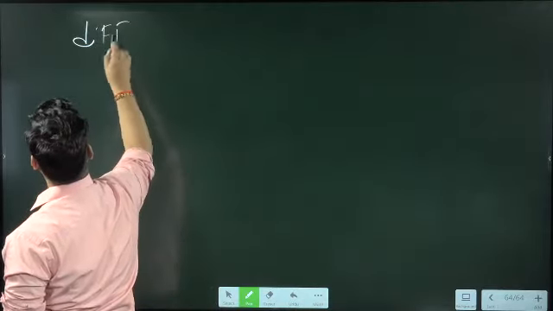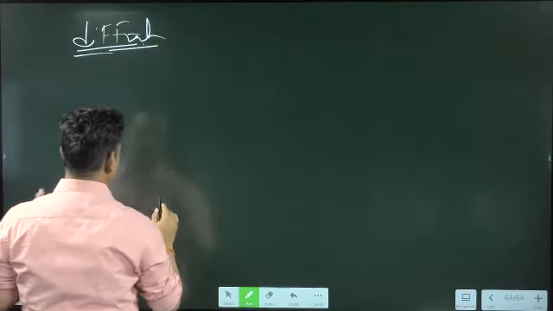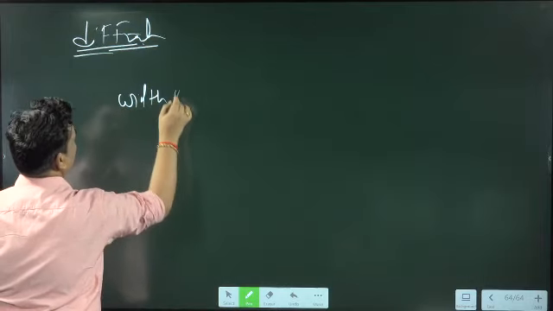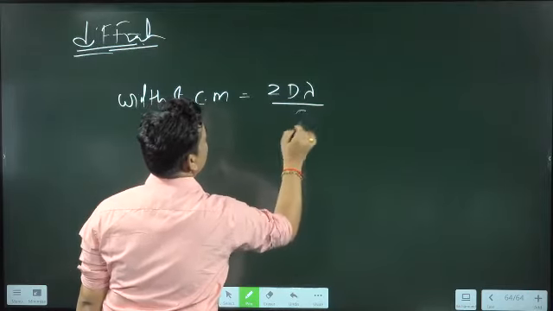So in diffraction, basically what happens, the width of the central maxima is 2D lambda by a. This is the width.